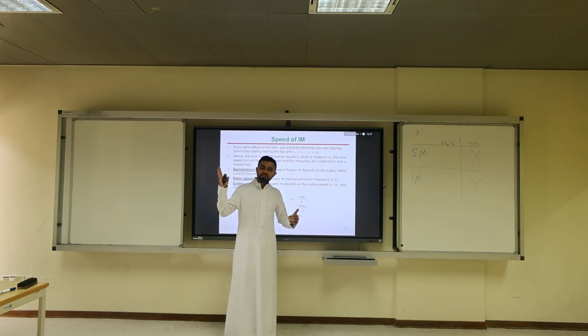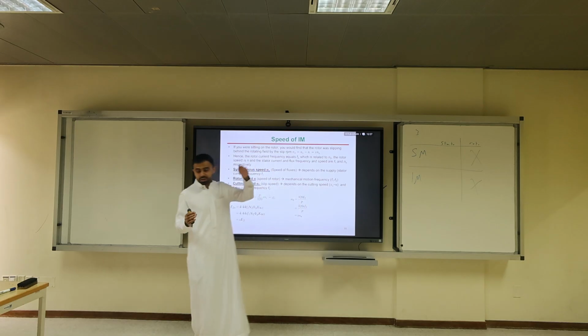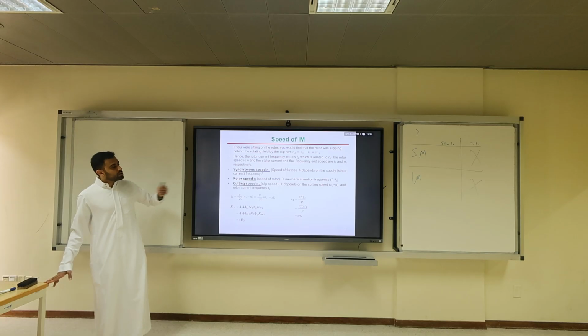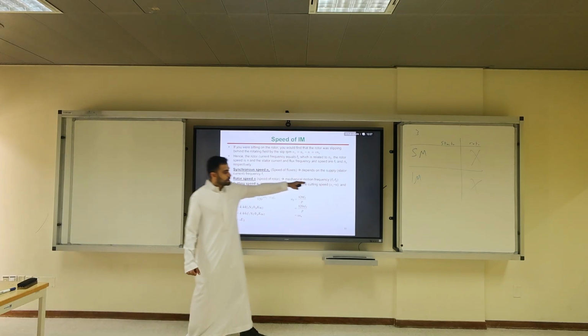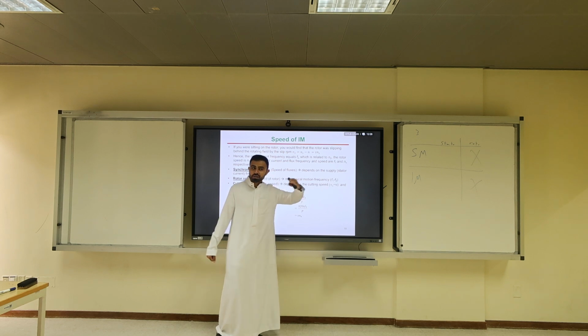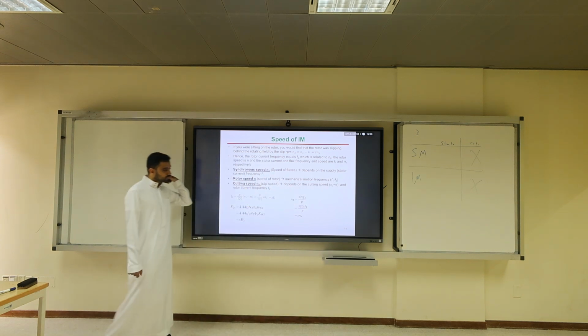So if the rotor current frequency increases, the slip decreases and the rotor speed would be close to the synchronous speed, but the torque would be less, so it will slow down. So the speed of the rotor varies based on F2. F1 is fixed usually. F2 changes as a function of the speed.